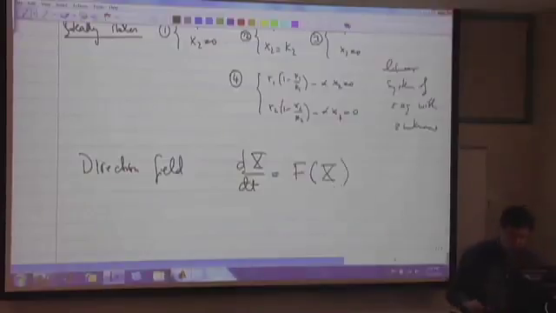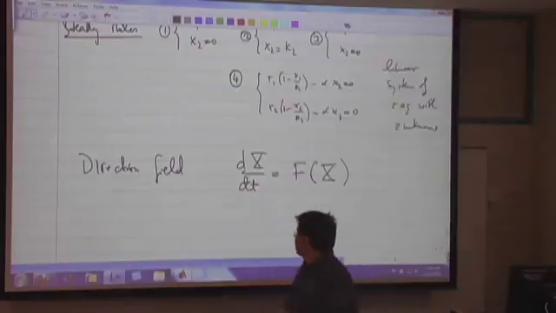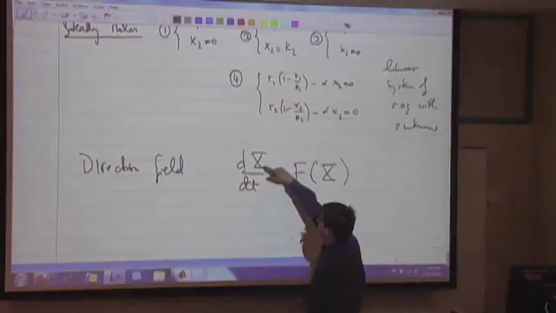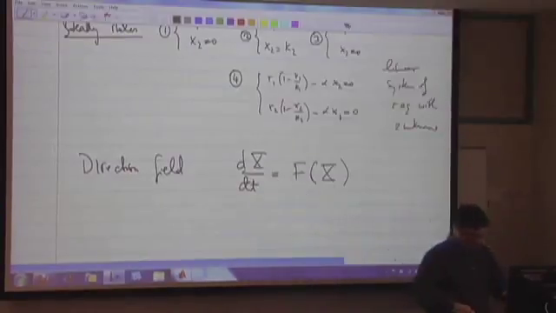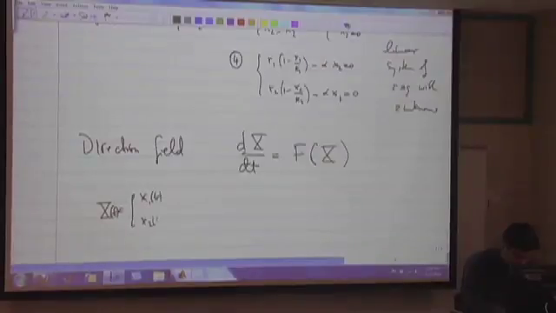the dynamical system can be written as a single equation, a matrix equation if you want, or vector equation. So x is x1, x2, and this is a function of time.